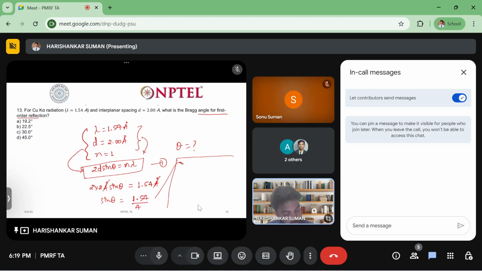Let me use the calculator. 1.54 divided by 4 will be 0.385. Then take the inverse sine of that.